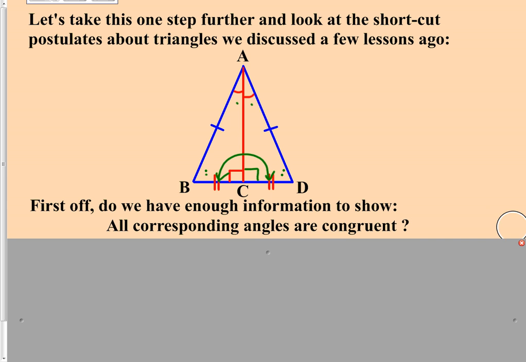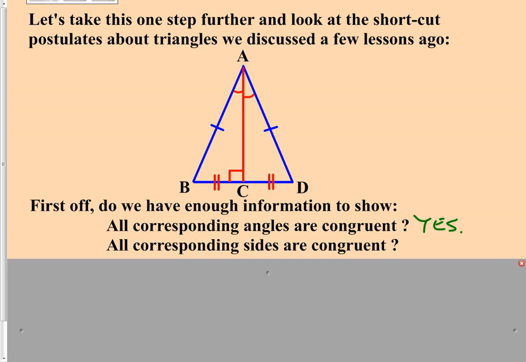Oh, I'm sorry. We're not trying to give it an example. We're just trying to say, yes, we do have enough information to say that all sets of corresponding angles are congruent. Next, do we have enough information to say that all corresponding sides are congruent?